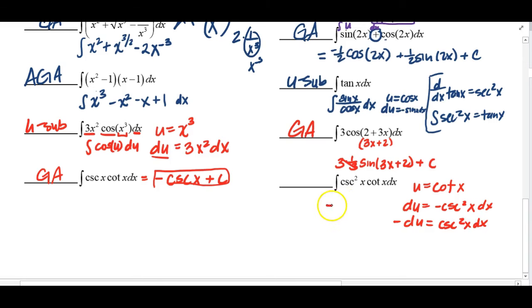So now this would become negative the integral of u du. So it's a lot easier to solve by taking the antiderivative and then plugging cotangent back in, right? So it's going to be negative u squared over 2 plus c, and then plug in cotangent x again. Trig functions make no sense without their variables. So this would be my answer. So this one does require a u substitution.